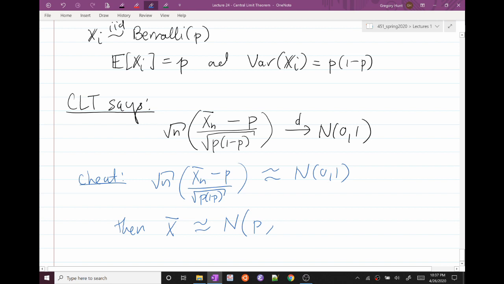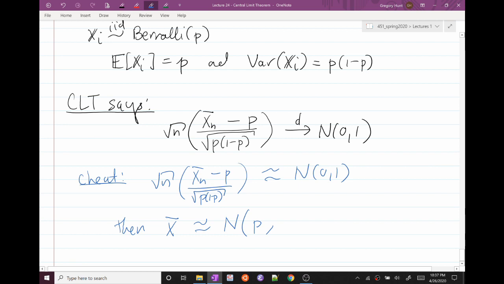And so in intro stats, this should start to look familiar, if I want to estimate a proportion I look at p hat, which is really just Xn bar.